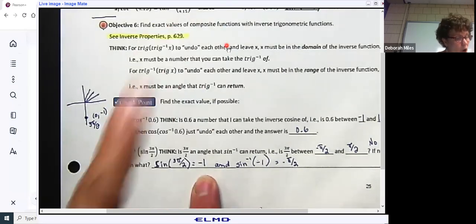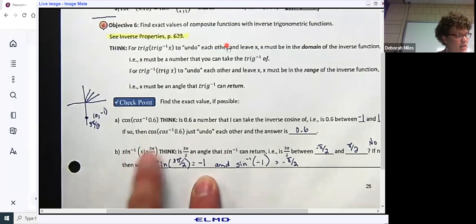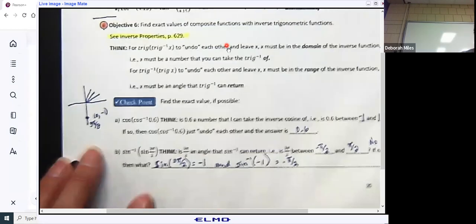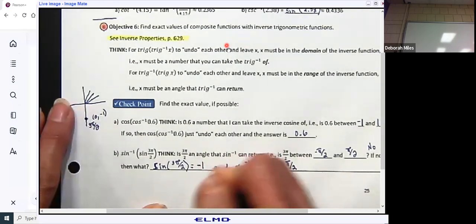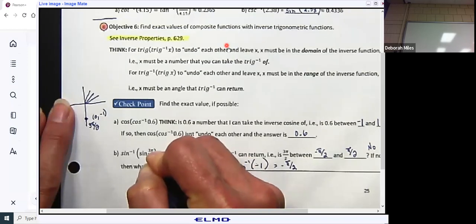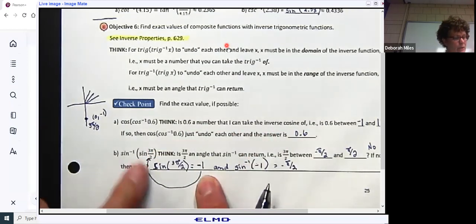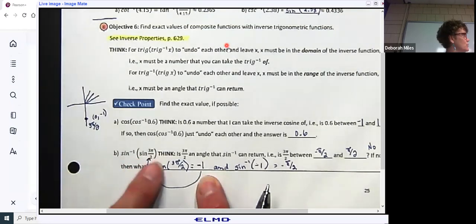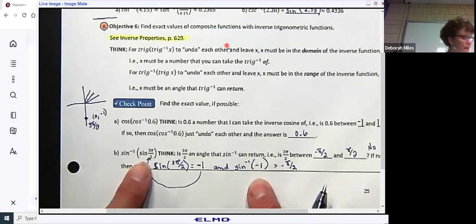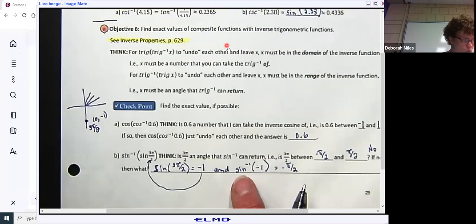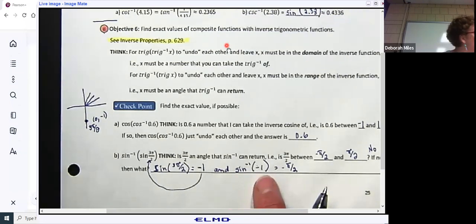All right, because we were able to evaluate this inner thing, I'm putting that in the place of the whole sine of 3/2 pi. Sine of 3/2 pi is -1. So I just put -1 in place of that inner function. And then I said, what angle has a sine of -1, but is between -pi/2 and +pi/2?